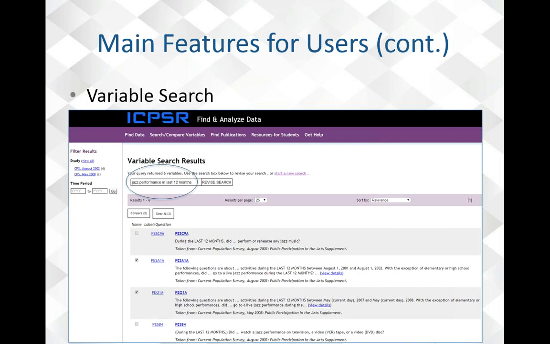Whenever one is interested in a topic related to arts and culture, they can type it in the search bar as shown, and all relevant variables will be listed. People can revise their search or sort out their results as desired into the filter on the left panel. While the example on this slide is from the ICPSR website, this feature will have the same functionality as the NADAC website.